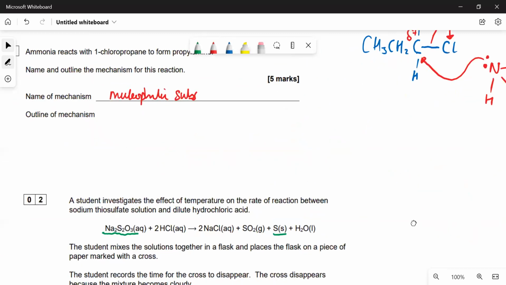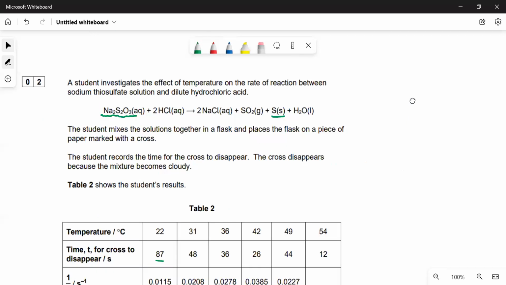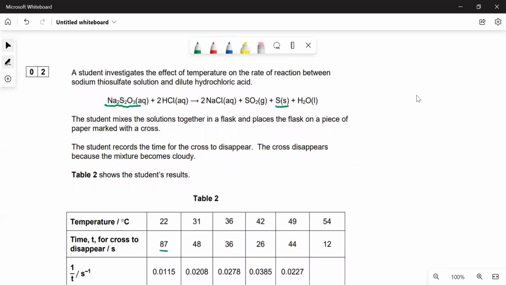Okay, number 2 then. It's about rates of reaction, and this is actually required practical 3, I think. That's why they're asking about it. So the effect of temperature on the rate of reaction between sodium thiosulfate and dilute hydrochloric acid. When they react, they produce sodium chloride, sulfur dioxide, and hydrogen.